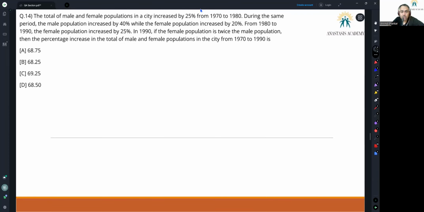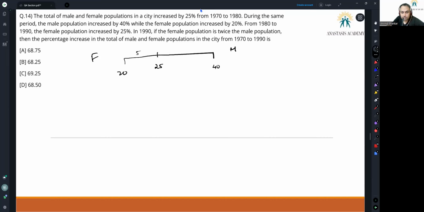Okay. The total of male and female populations in a city decreased by 25% from 1970 to 1980. During the same time, the male population increased by 40%, while the female population increased by 20%. So I'm writing female 20, male 40, leading to an average of 25.